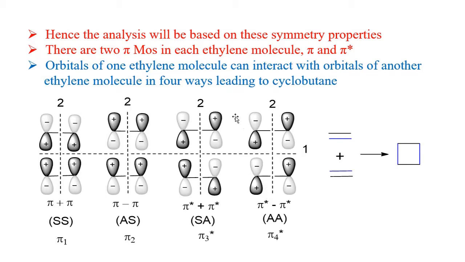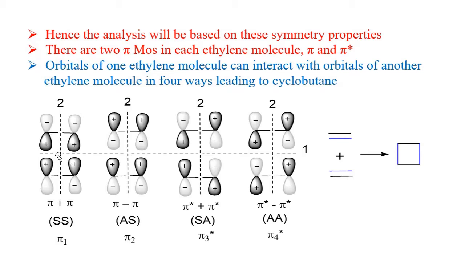The ways of combination and the symmetry properties with respect to these combinations, such as horizontal plane of symmetry and vertical plane of symmetry, are represented like this. For example, you can see it is pi plus pi, that is pi plus addition.